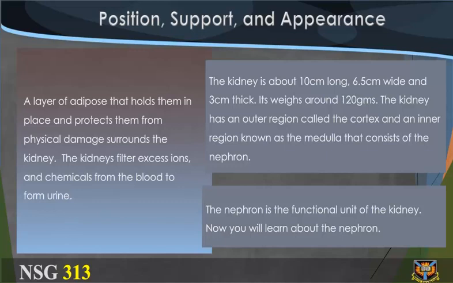The kidney has an outer region called the cortex and an inner region known as the medulla that consists of the nephron. The nephron is the functional unit of the kidney. Now, you will learn about the nephron.